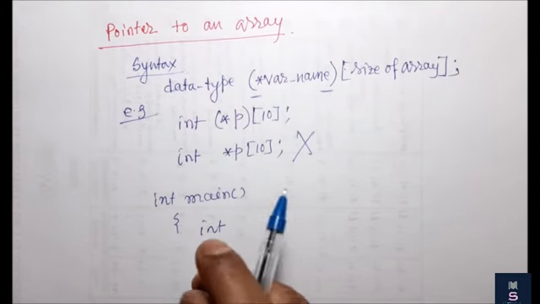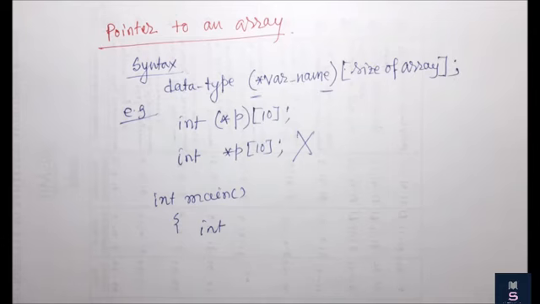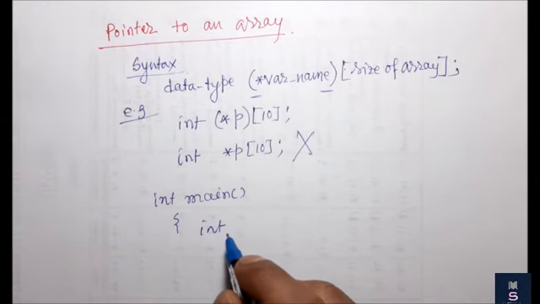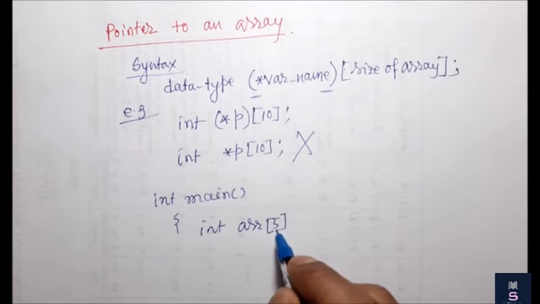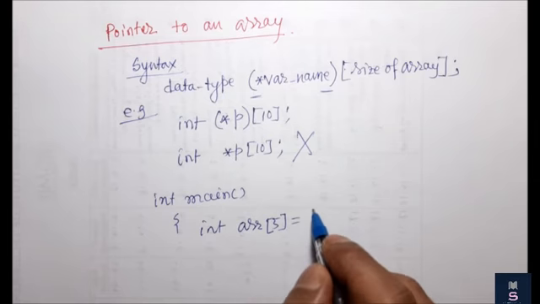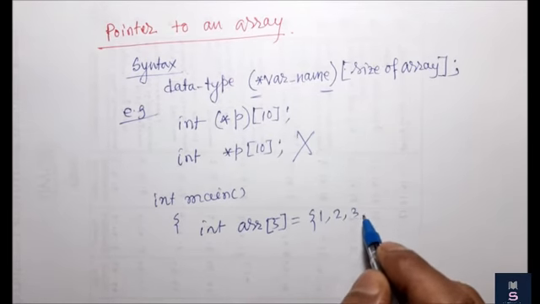Suppose we consider this one: int ARR[5] = {1, 2, 3, 4, 5}.